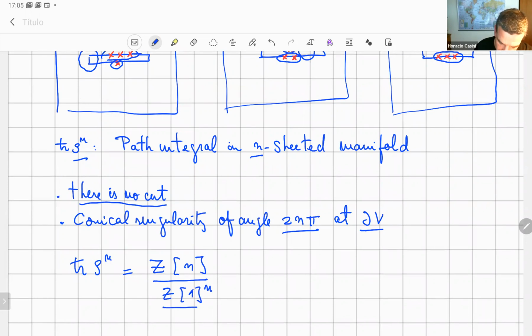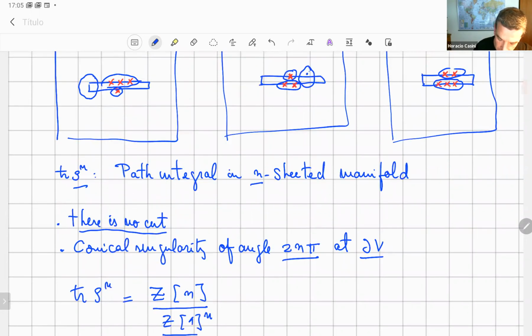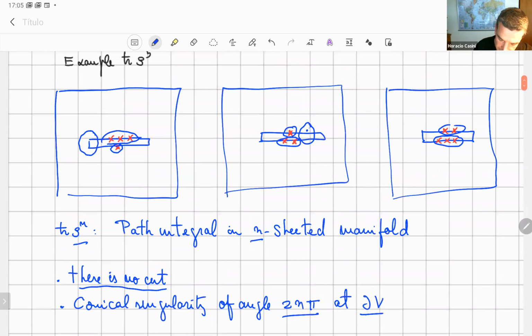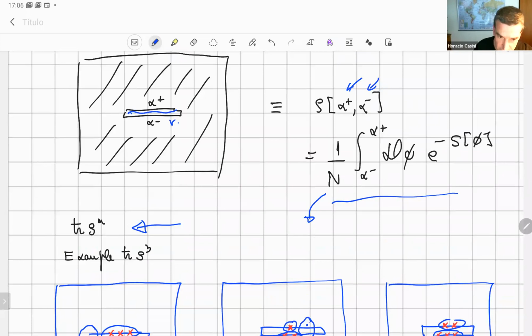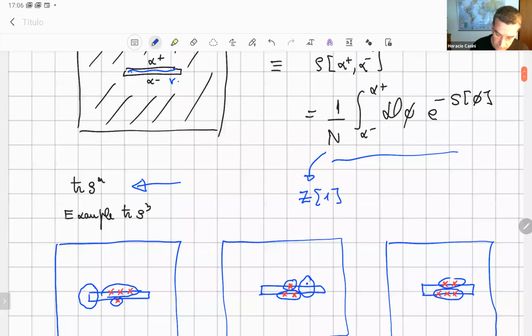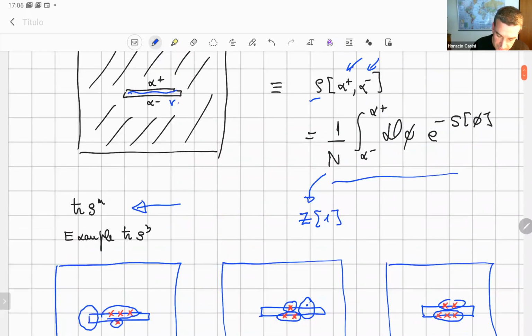This is just a normalization, because this n here is the normalization of the density matrix just to have trace 1. This is just the partition function for one sheet in the Euclidean plane without any cut. So if you produce powers of the density matrix, we'll have powers of this normalization.